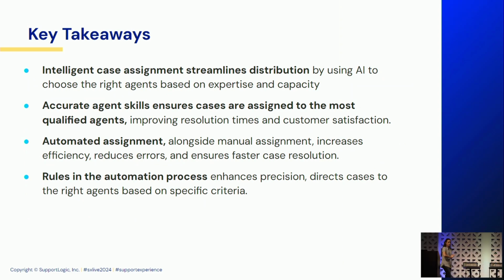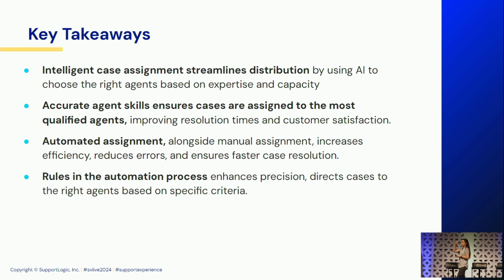So the key takeaways: intelligent case assignment is something that we all need, right? This is the bottom line. We need to make sure that our cases are assigned intelligently, assigned quickly, assigned to the right people. We want to make sure that the agents with the right skills are addressing our cases, and that they are getting them in the right balance.